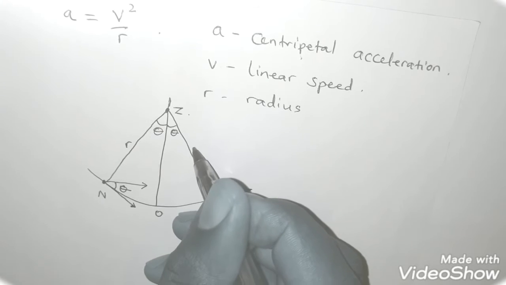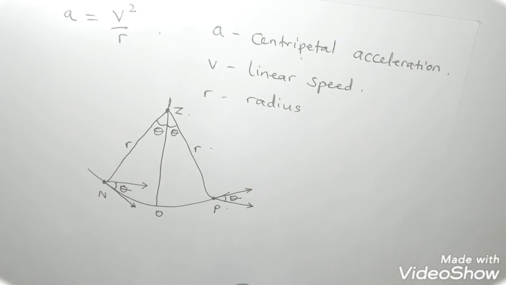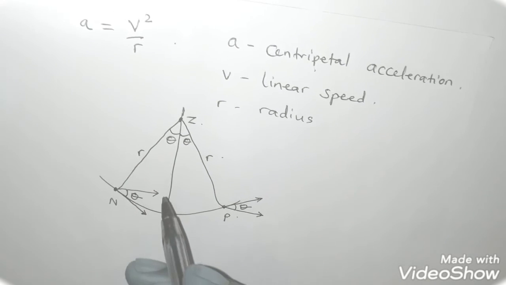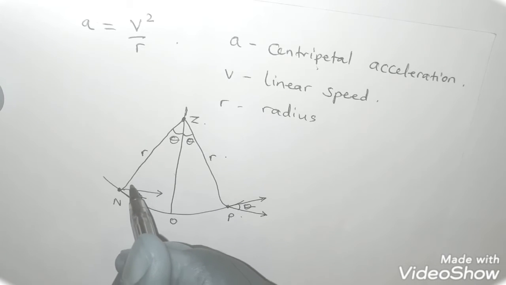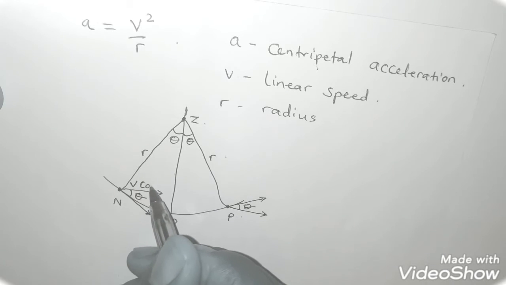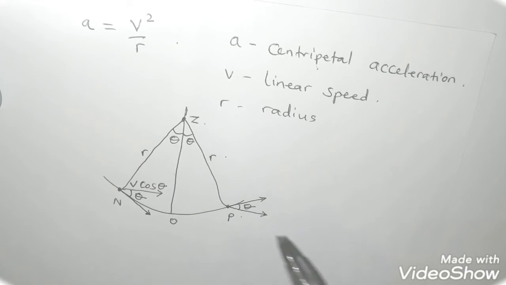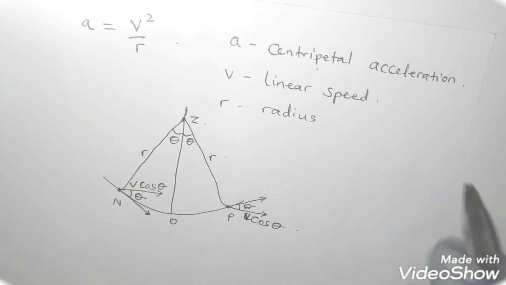This is the radius of the circular path, r. Now the horizontal component of the velocity at N is v cos theta, and the horizontal component at point P is still v cos theta.